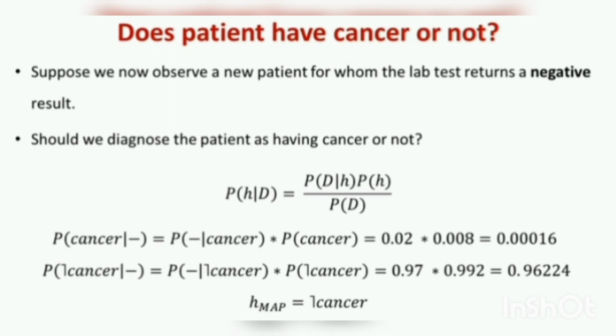Does the patient have cancer or not? According to the analysis, should we diagnose the patient as having cancer or not? P of H given D is equal to P of D given H into P of H divided by P of D. We know that it is from Bayes theorem. P of cancer given negative report is proportional to P of negative report given cancer into P of cancer, which is 0.00016.